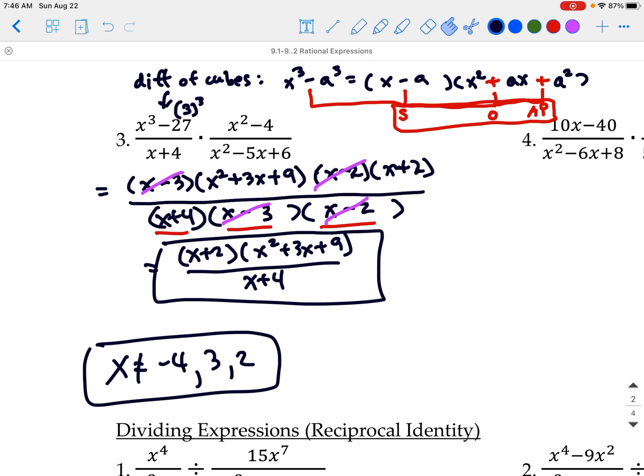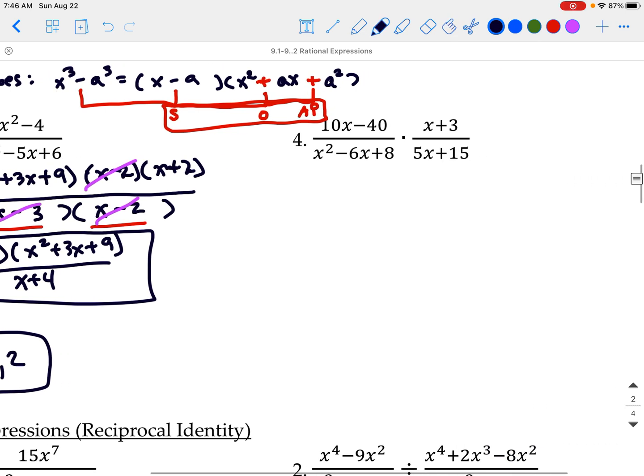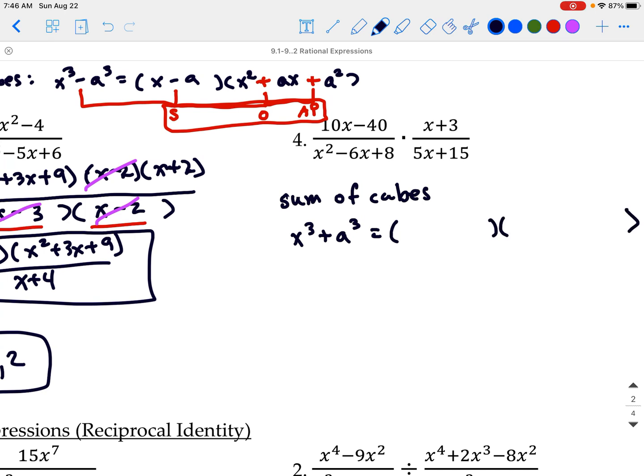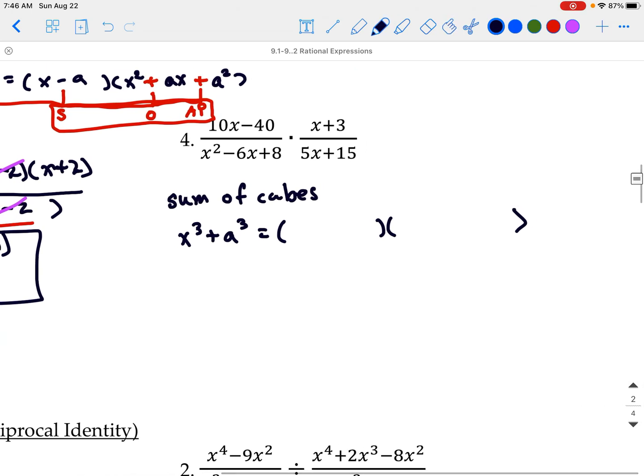So I'll let you do number 4 on your own, but I'll just add a secondary note on cubes that we also have a factoring for the sum of cubes. So that's going to look like x cubed plus a cubed. And that factoring is going to look very similar to the difference. So we're still going to have a binomial and trinomial. And we're still going to use that same opposite, always positive operation.